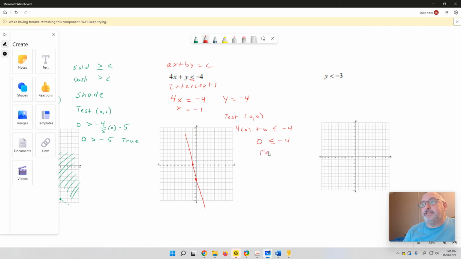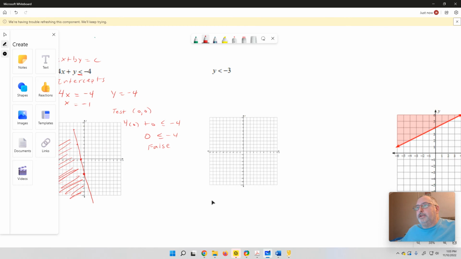This is a false statement. So that means I shade the opposite side of the line. I don't shade where 0, 0 is. I shade the opposite side. And so that's the graph of my inequality. There's the process.